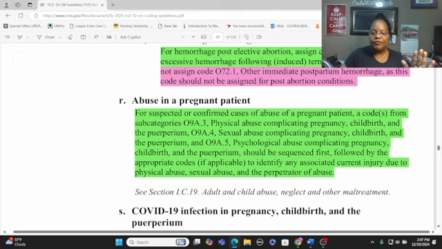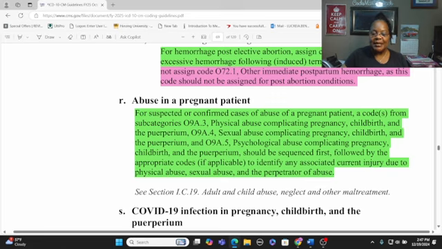So again, straight from the guidelines as far as abuse in a pregnant patient. Identify what abuse took place, and that should be sequenced first, followed by any code that identifies any current injury and then the perpetrator of the abuse.